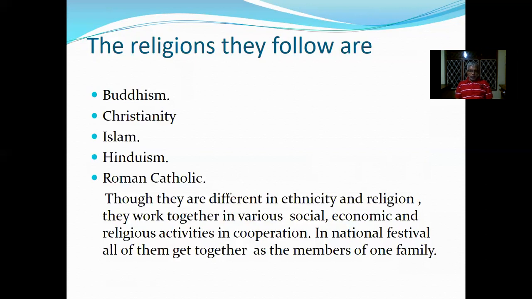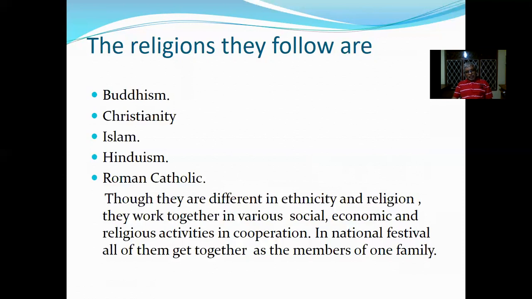Therefore, if you have friends representing these ethnic groups, you will have to develop cooperation among them and work together. In national festivals, especially our National Day and the Sinhalese and Tamil New Year festival, they get together, work together, and celebrate together as members of one family. Therefore, when you read this slide, you can understand it.